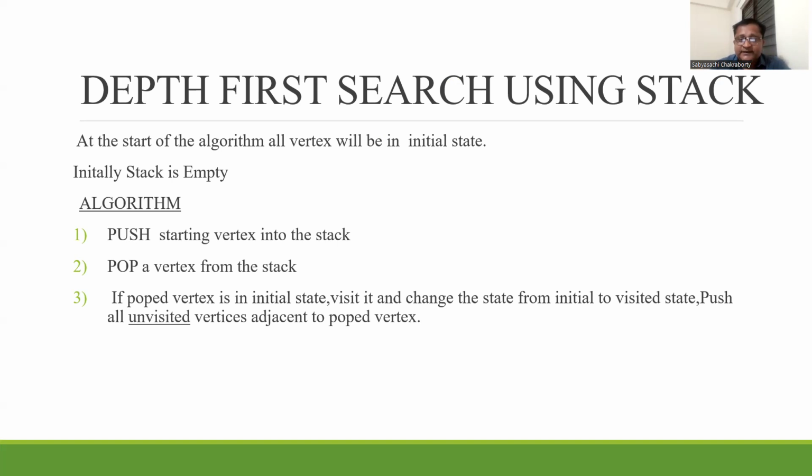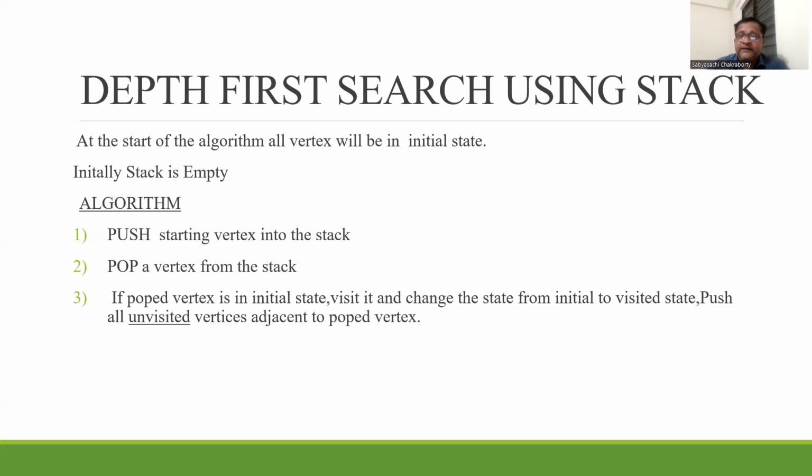All the vertices are initially in the initial state. First we push the first vertex into the stack, then we pop. After that, if we find the popped vertex is in the initial state, we will visit it, and the state of the vertex will be changed from initial state to visited state.